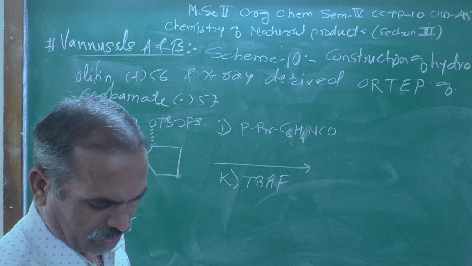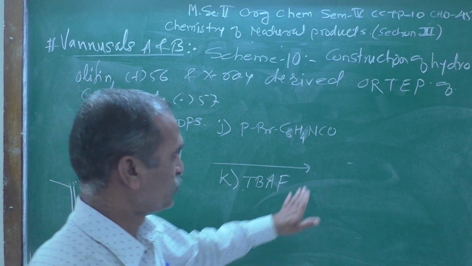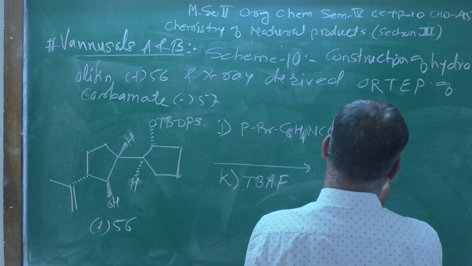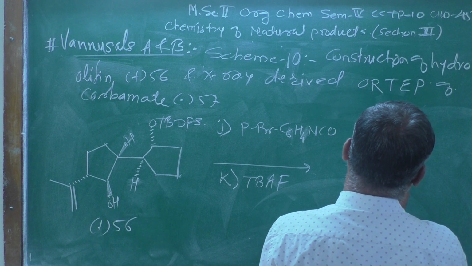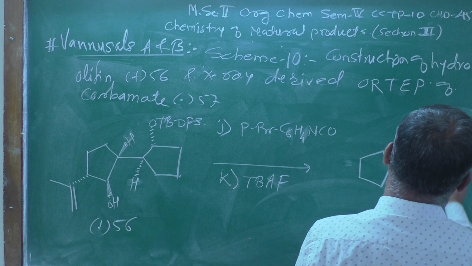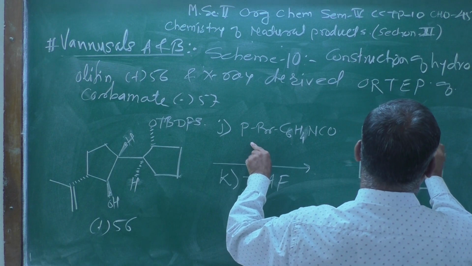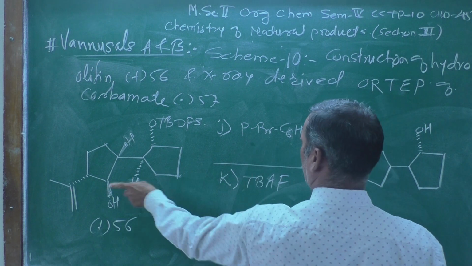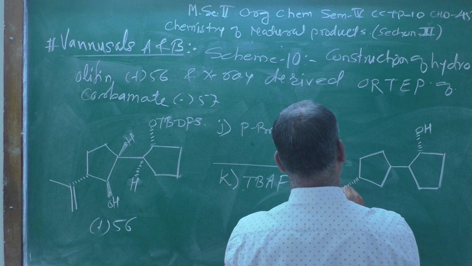There is a deprotection as well as the group which is introduced over here, that you are going to get. Let us see, this is a structure which I am representing over here. You can see here the structure like this. Here the deprotection occurs, and we will get this one. Other part of the organic molecule remains as it is here.